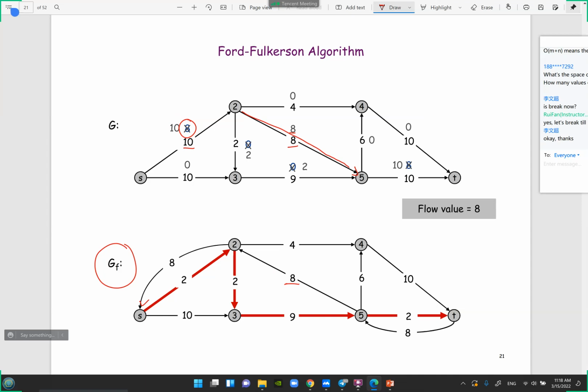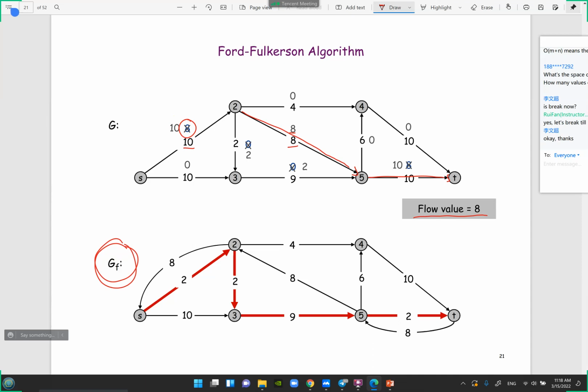You could send 8 units of flow back from 5 to 2. Likewise, for this edge from 5 to T, we form these two edges. So this graph, GF, is the residual graph resulting from this flow of 8.